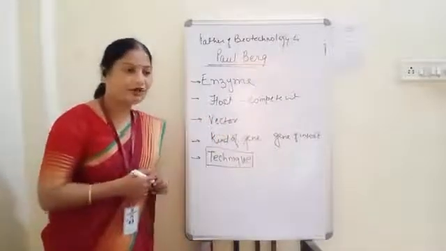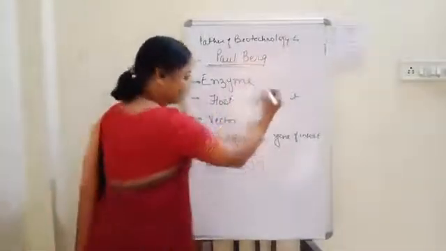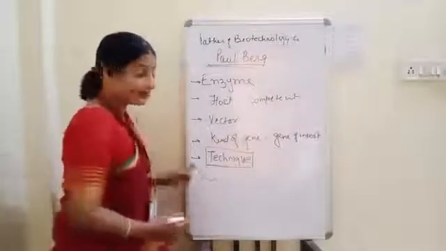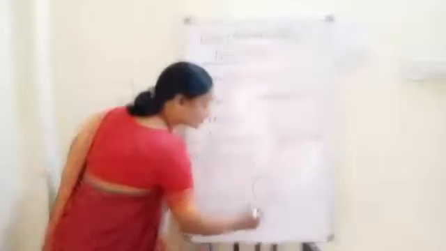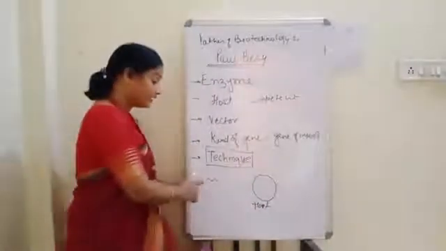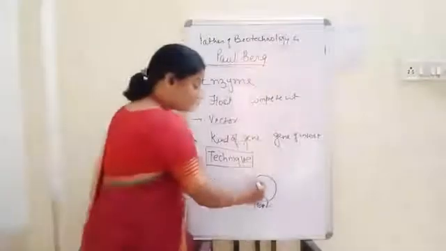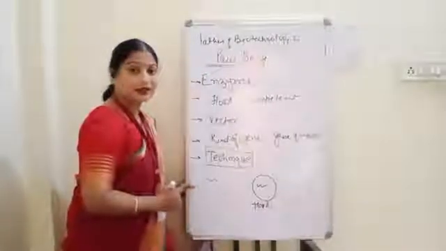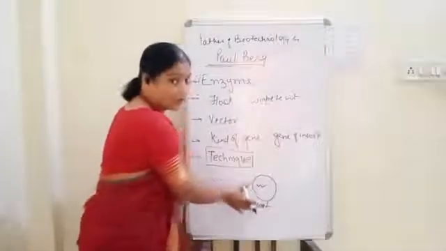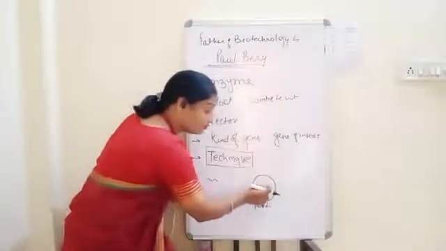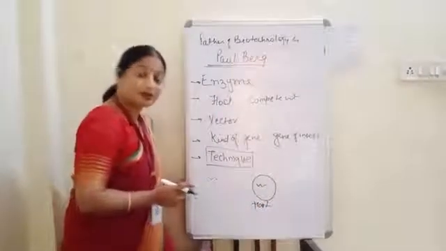Okay. Now suppose, children, this is your one enzyme, this is your one gene, and this is your host. Okay. And I want this gene to be here. How to put this? Suppose this is any host. I cannot take this gene in my hand and put it here, because we cannot see the genes, children.